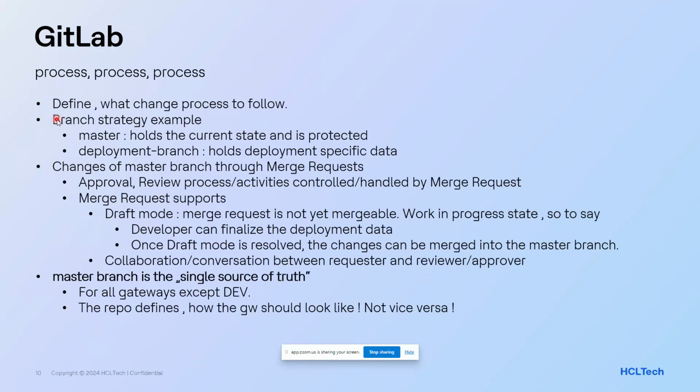We have the master branch, which holds the current state of a gateway and which is protected, so nobody is able to change anything on the master branch besides the foreseen process. And when you do a deployment, a branch is created, and at the same time a merge request for this deployment branch is created.